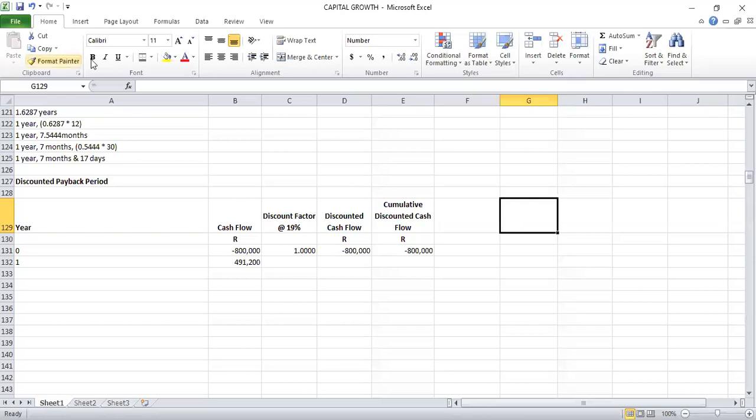Let me show you how to calculate your discount factor for each year. We know that 19% is our hurdle rate. So to calculate our discount factor for year 1, you would say 1 divided by 1.19. 1.19 is coming from 100% plus 19%, which is 119%. What do we get to 4 decimal places?